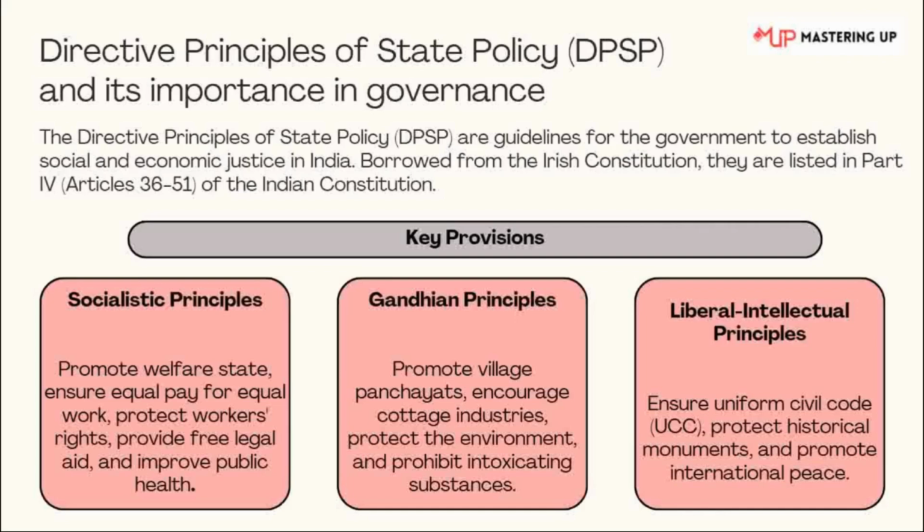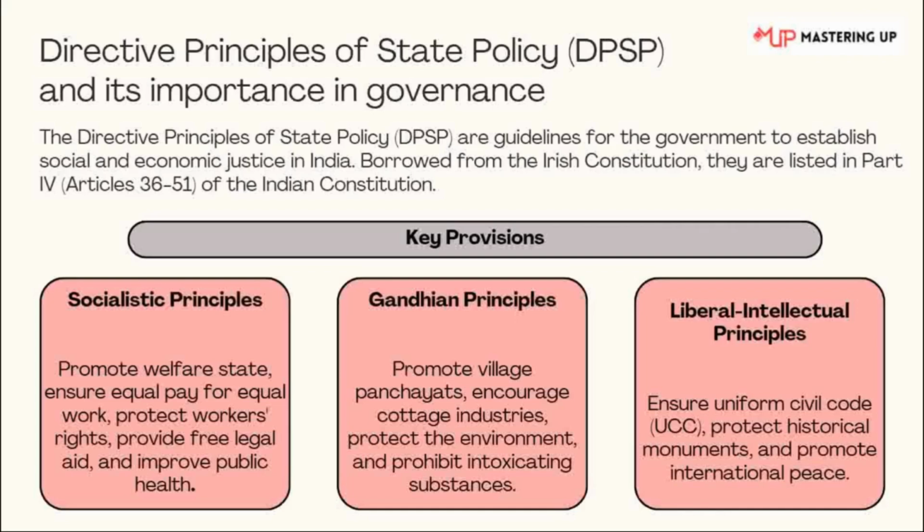These directive principles of state policy are classified into three key provisions: socialist principles, Gandhian principles, and liberal intellectual principles. The details of these provisions are as follows. Socialist principles: promote welfare state, ensure equal pay for equal work, protect workers' rights, provide free legal aid, and improve public health.